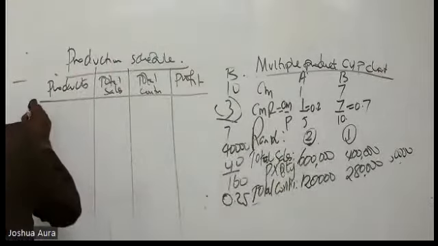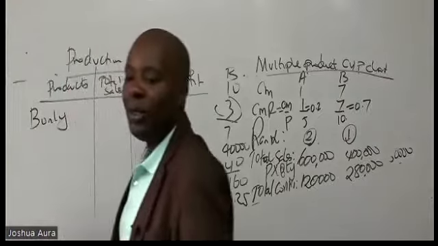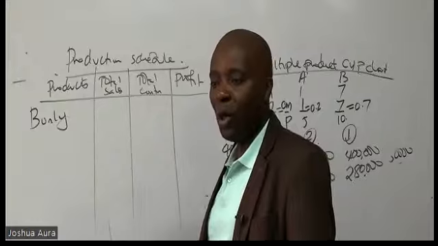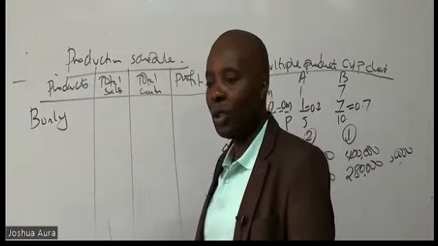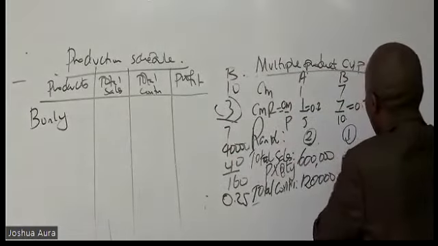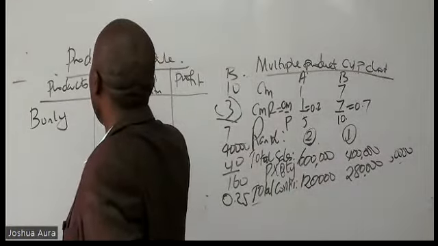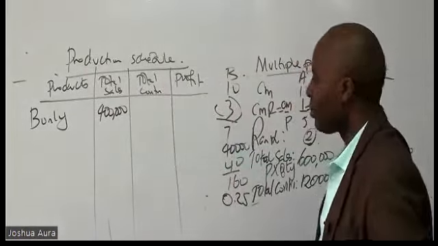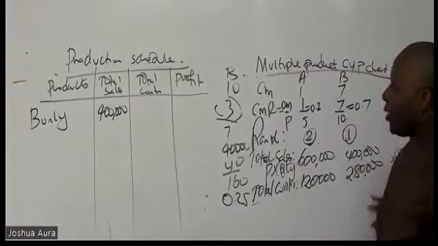If we produce B only, what will be the total sales? The total sales is given here, 400,000. And if I'm producing B only, the total contribution will be given by this, 280,000.